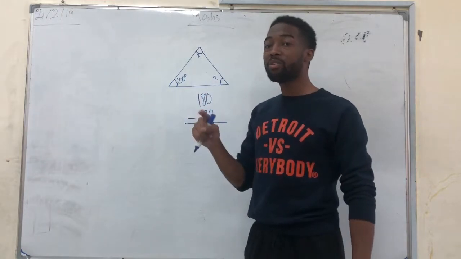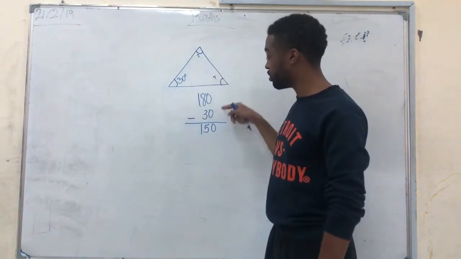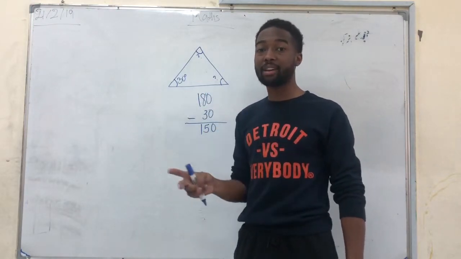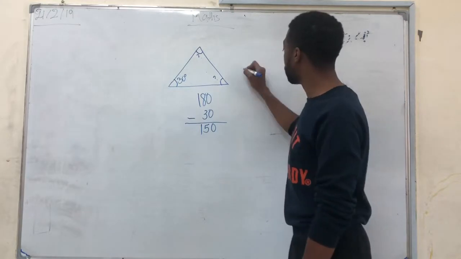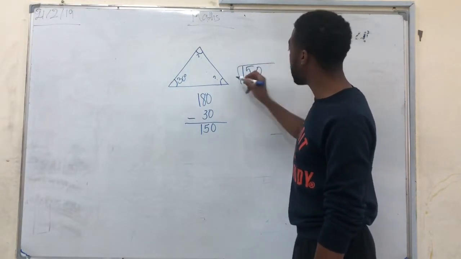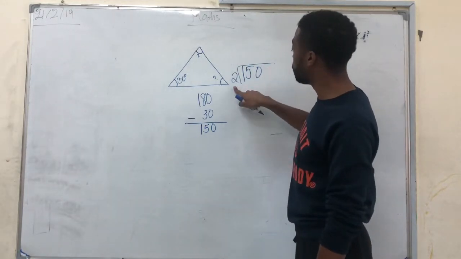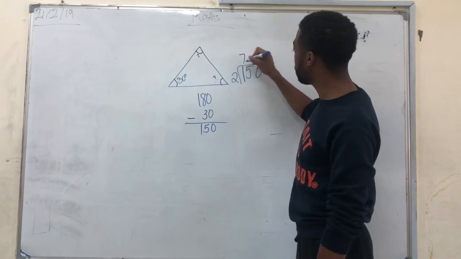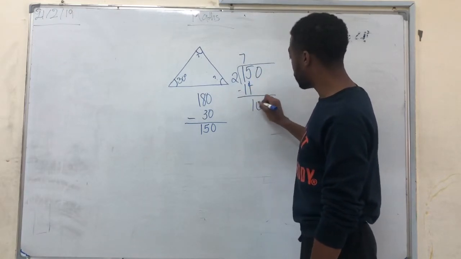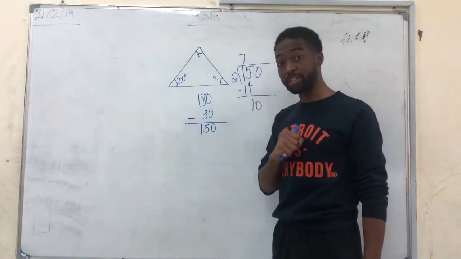I now need to figure out how to get these two angles. Well, since there's 2 of them, I'm going to divide by 2. So I'm going to say 150 divided by 2. Okay? 2 times 7 equals 14. I have 10 left. Now you must finish the rest of the problem.